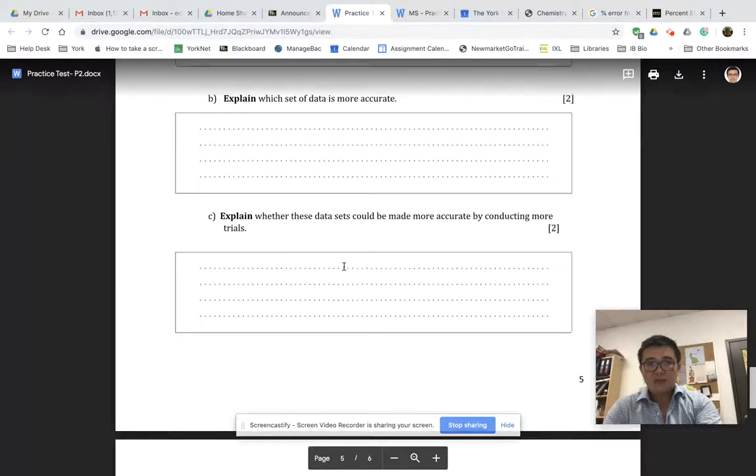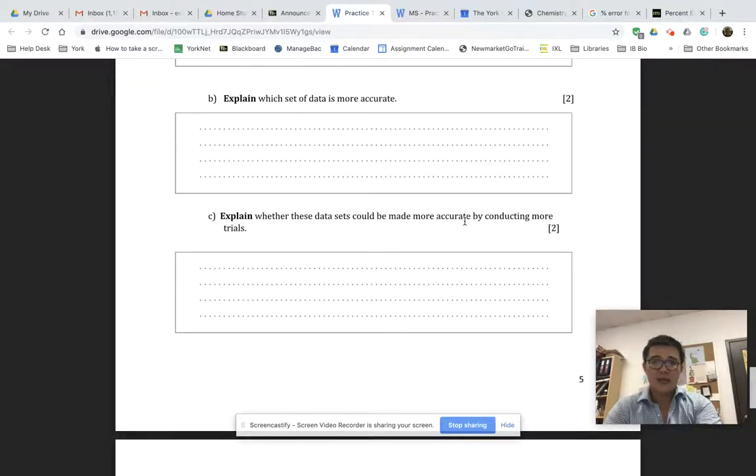Can you increase accuracy? No, accuracy you have to improve by a different method of doing the experiment. Okay, now that's about it in terms of 11.1.